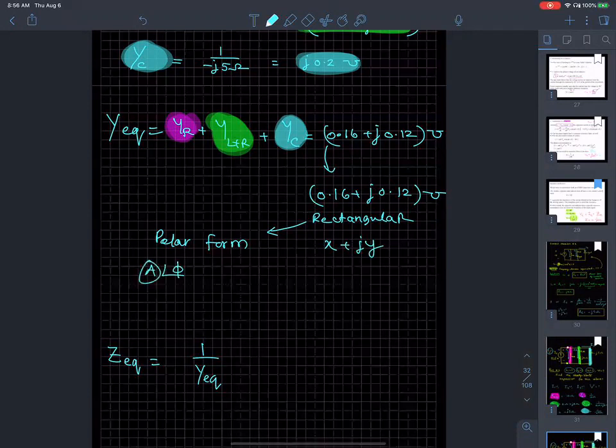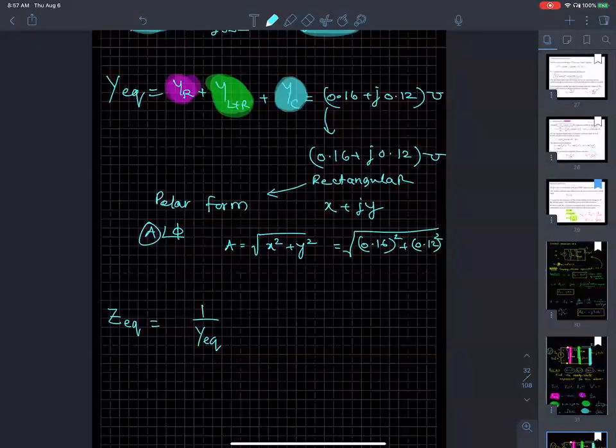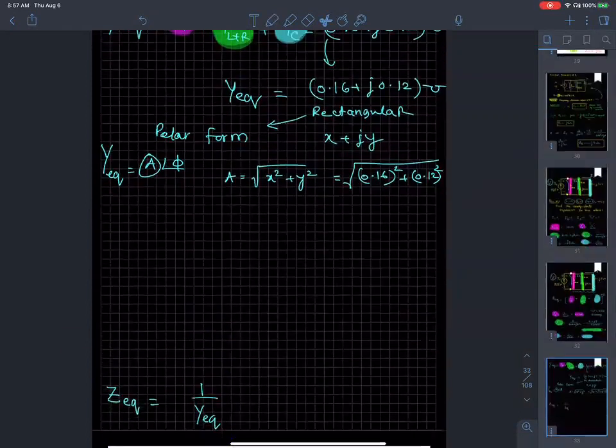Here A is going to be the square root of x squared plus y squared, which is 0.16 squared plus 0.12 squared. All of this is Y equivalent in its rectangular form, and I'm converting it to polar form. You'll see why I'm doing that in just a second.